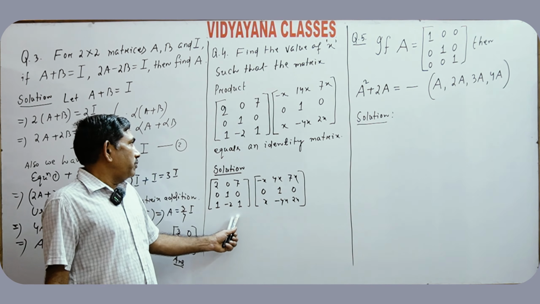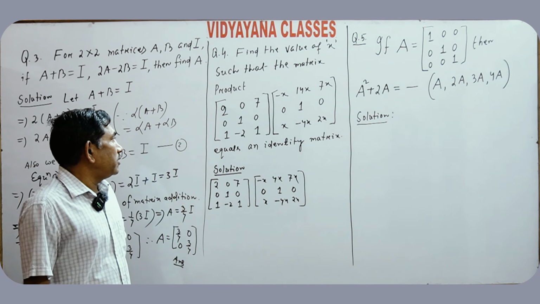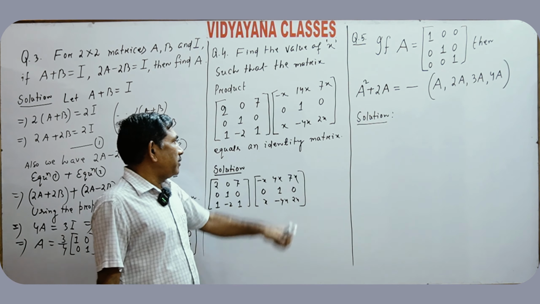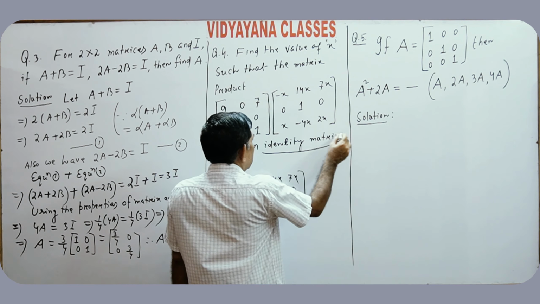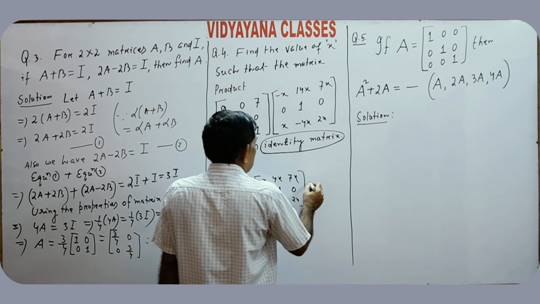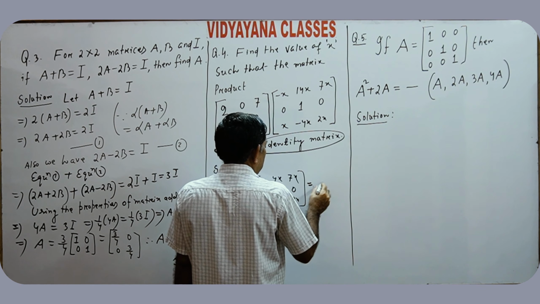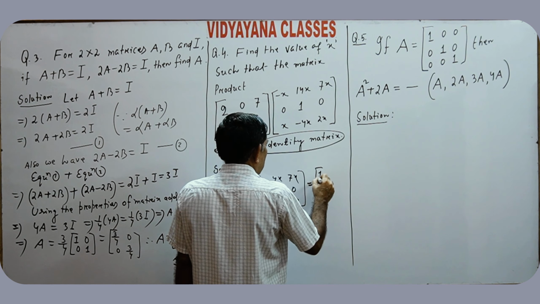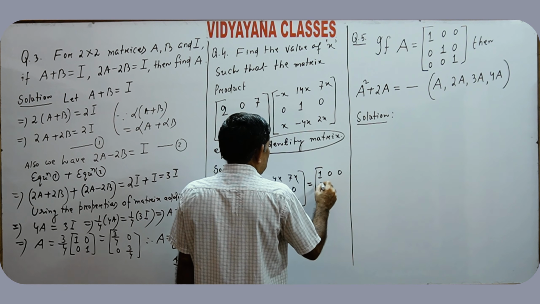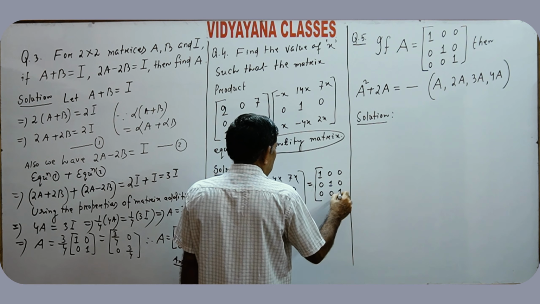It is a matrix of order 3, it is also a matrix of order 3, equals an identity matrix. That means unit matrix. The result will be I of order 3: 1, 0, 0, 0, 1, 0, 0, 0, 1.